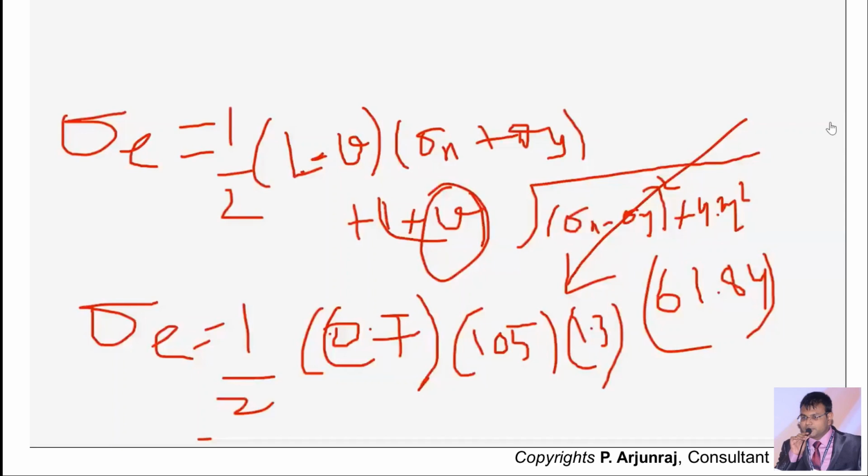Yeah, let us re-verify it once again. 0.7 into 105, 1.3 into 61.84.